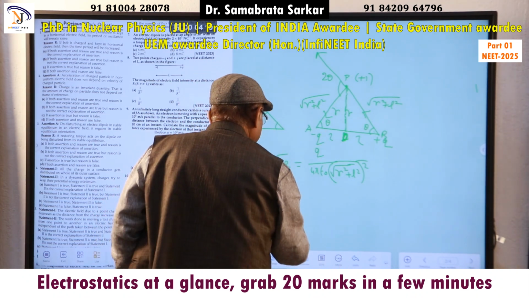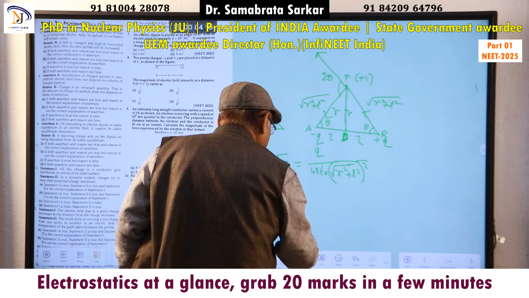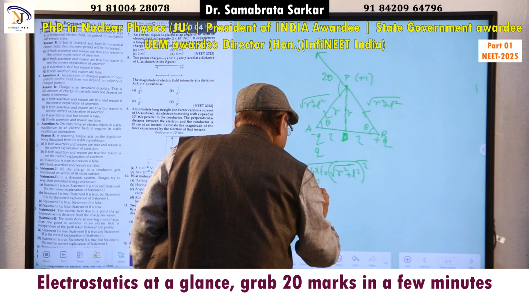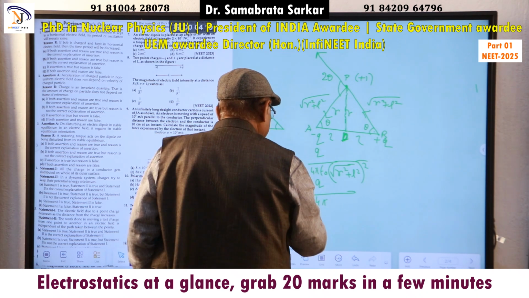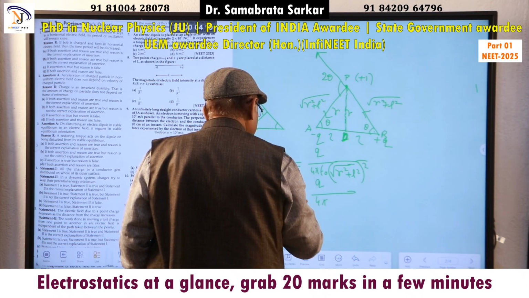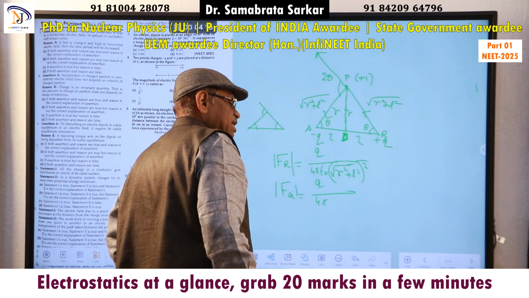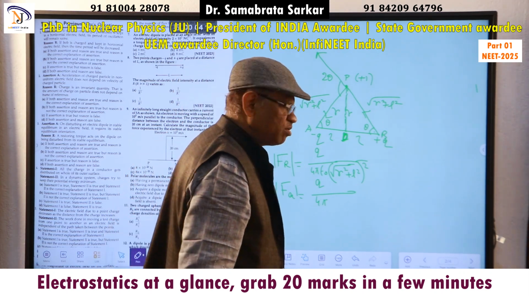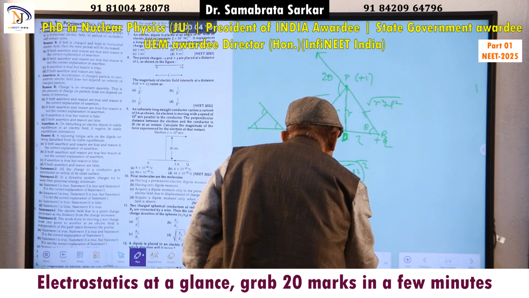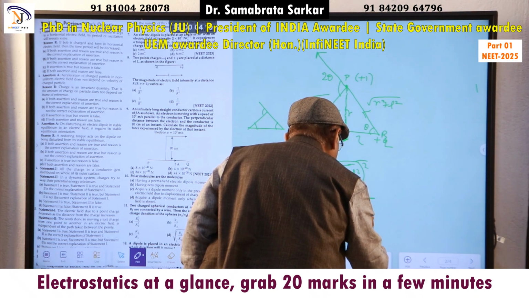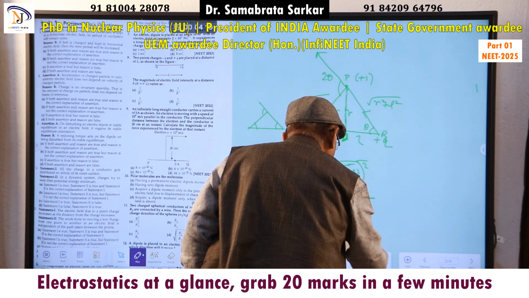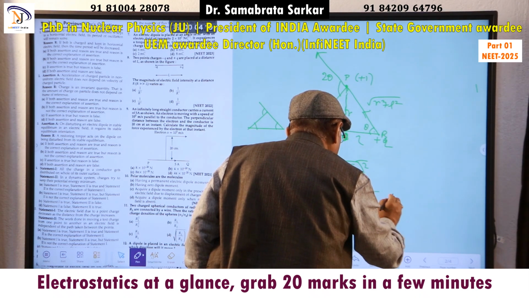In the same way, the attractive force will be like this, Q by 4 pi. I am considering only the numerical value, the mod value. And what will be the result? This is root under R square plus L square, whole squared. Am I clear?